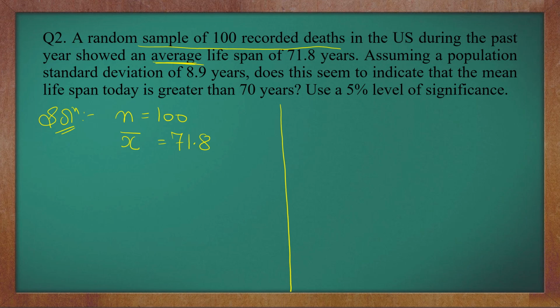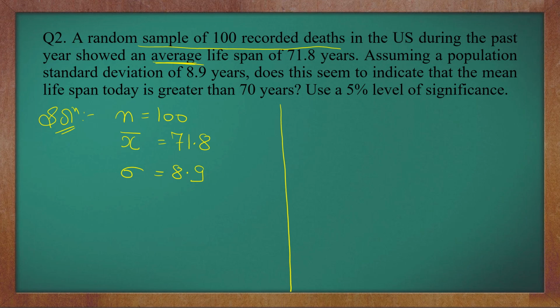Now the second line: assuming a population standard deviation. Some population is definitely given to me, but I don't know the population size. But they are saying the population standard deviation is 8.9.